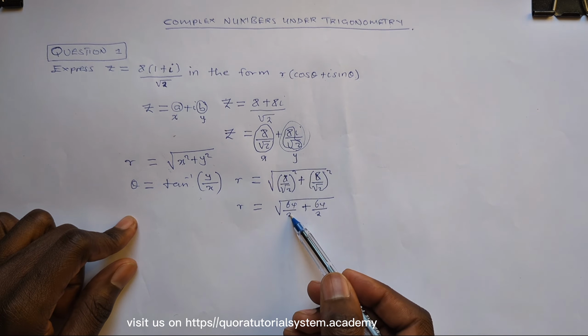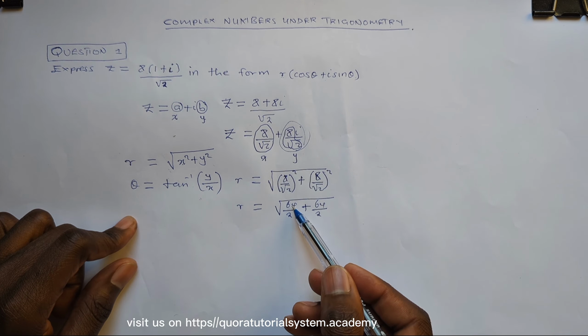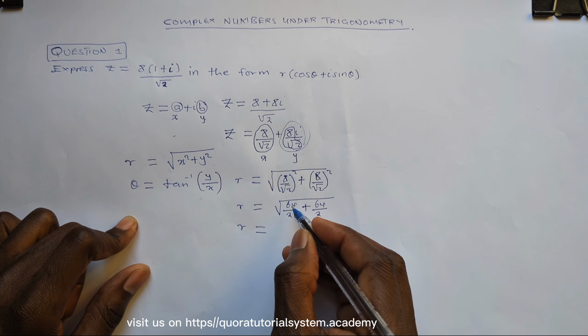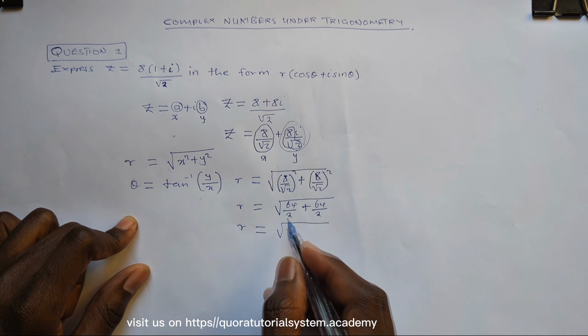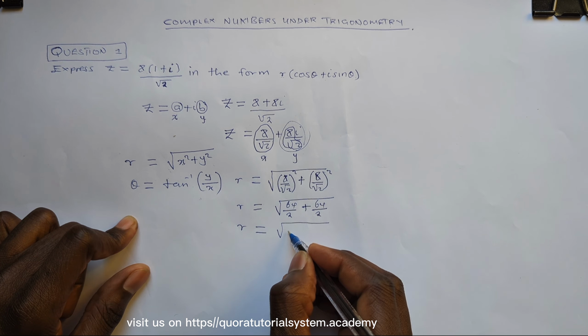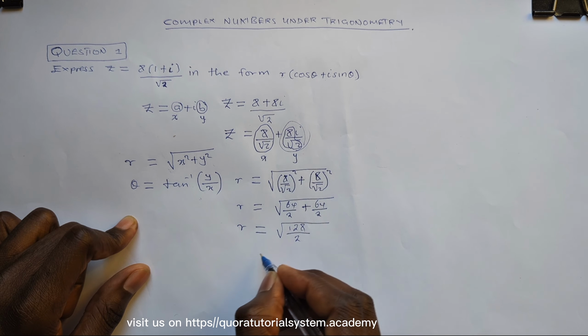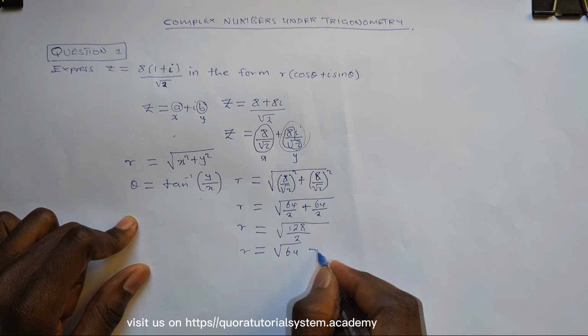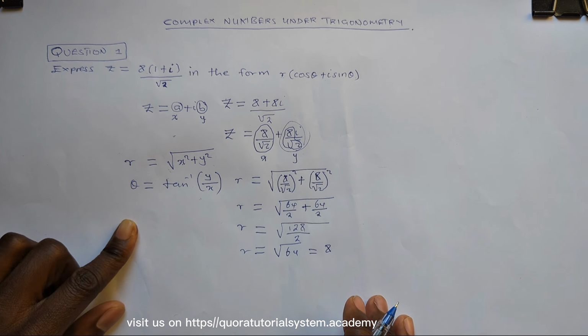Since this is just the same denominator, we expect the numerators to be added. So r will be equal to the square root of 128 divided by 2. R in this case is going to be the square root of 64, which results into 8.